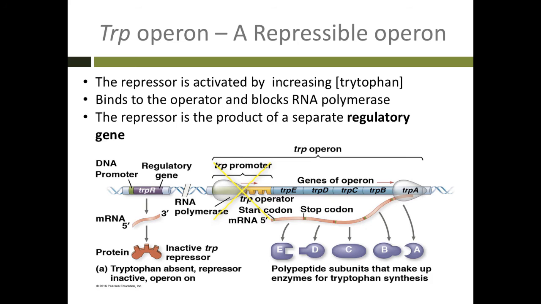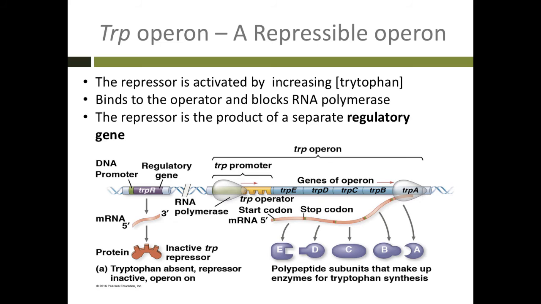This is similar to feedback inhibition and is based on the level of tryptophan in the environment. The big difference here is that gene regulation will reduce the amount of enzymes produced to turn off a pathway. This regulation is generally reversible.